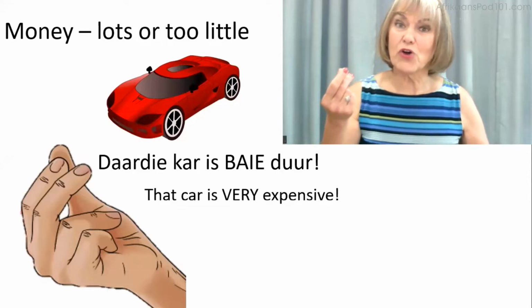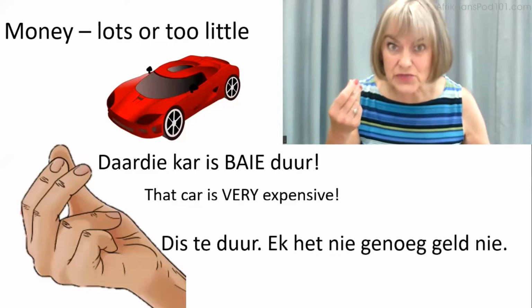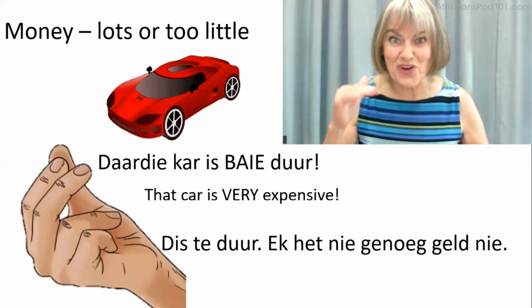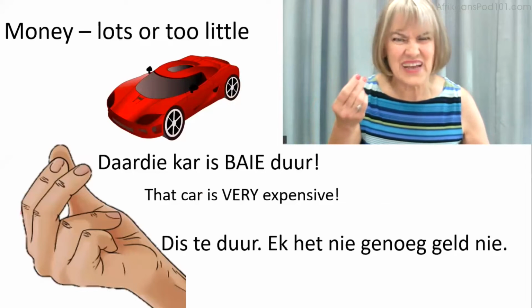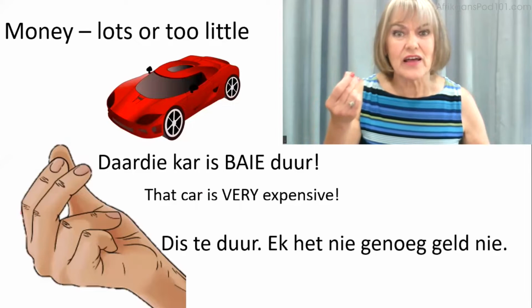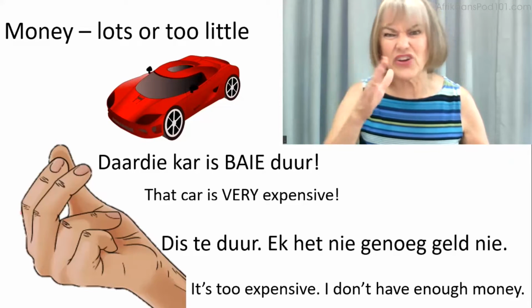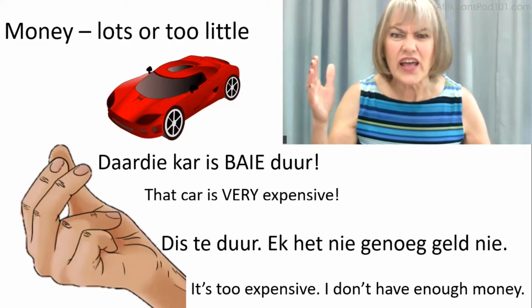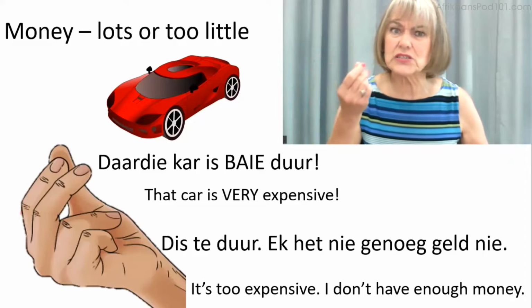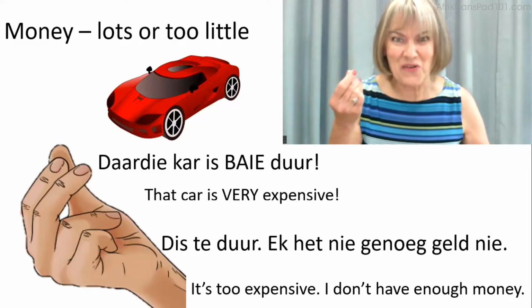But if you are busy shopping in South Africa and something is too expensive for you, or you want them to drop the price, you can say, dis te duur. That means it's too expensive. I don't have enough money. You don't even have to say, ek het nie genoeg geld nie. You can just say, dis te duur, and they will know what you mean.